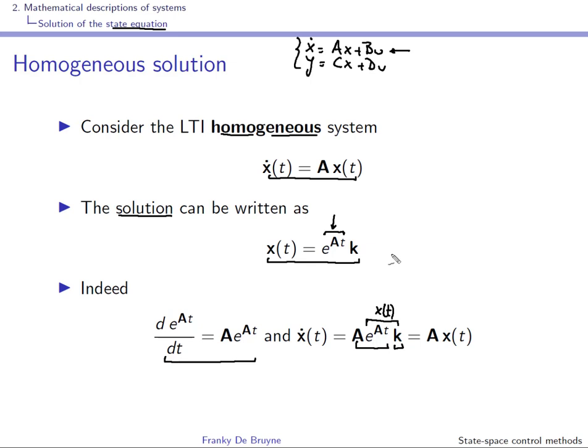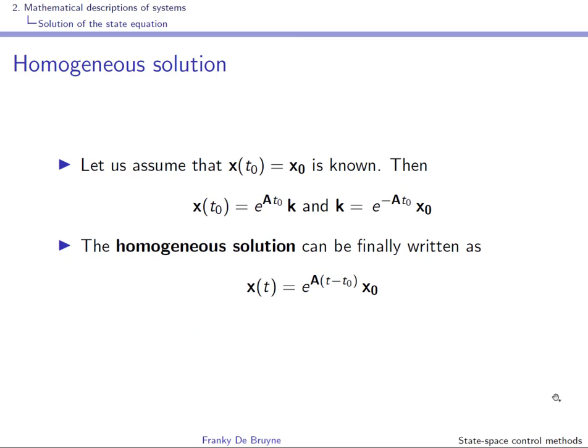So indeed this is a solution of the homogeneous system that is given over here. So we've just seen that the solution of the homogeneous system x dot is equal to Ax is the exponential of At times a constant.